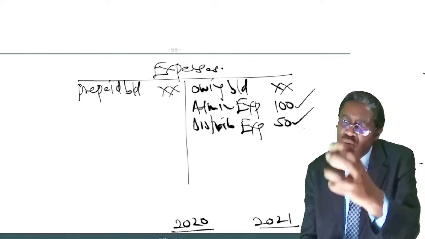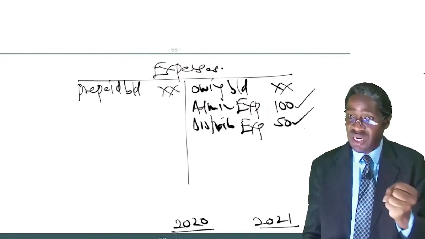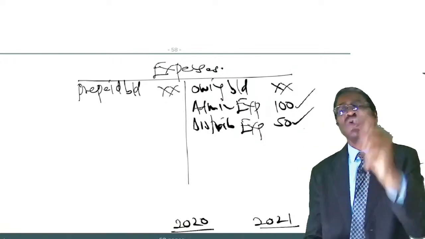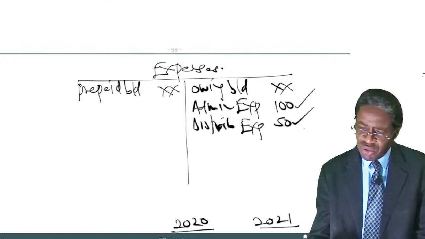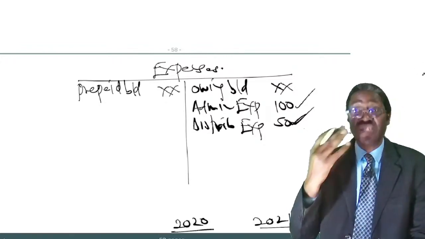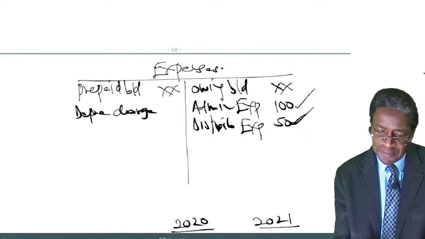So for me to remove it from there, I want to remove it from there so that I'll get a balancing figure now, which will represent the cash paid for services rendered. So to remove from this distribution expense that 2 million, which I'm assuming is depreciation, you will now come and debit whatever is your depreciation charge for the year.